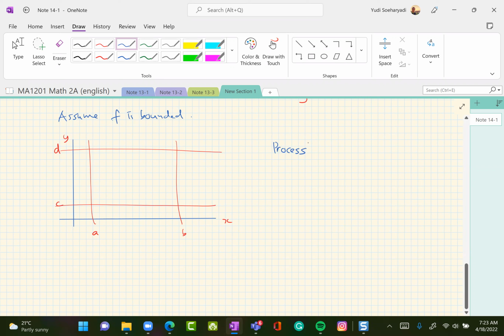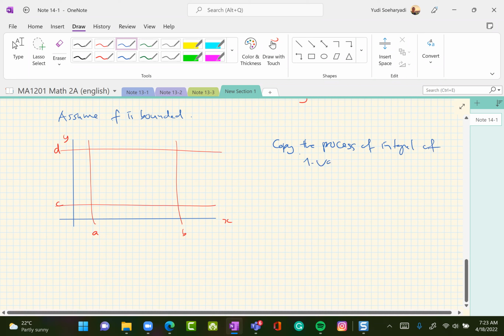So we copy the process of integral of one variable. Okay.